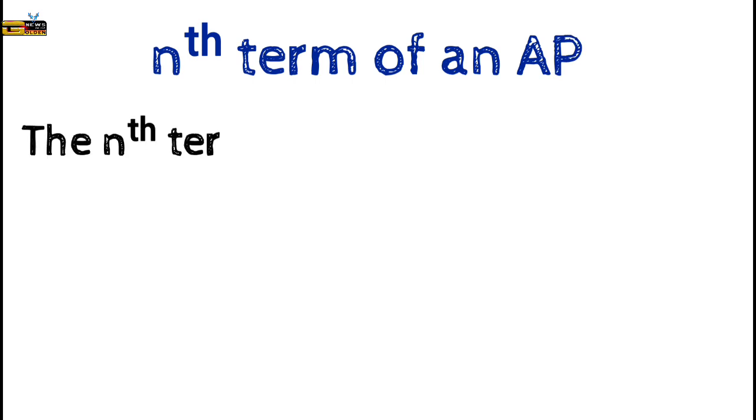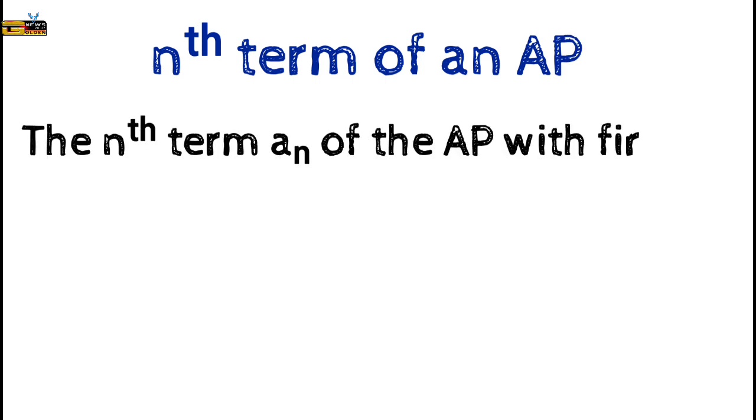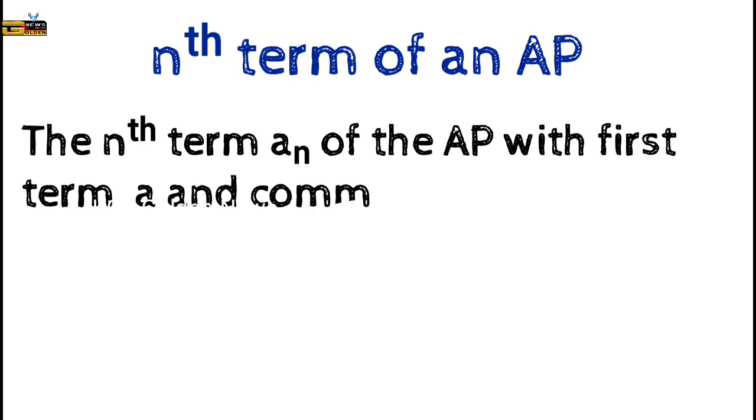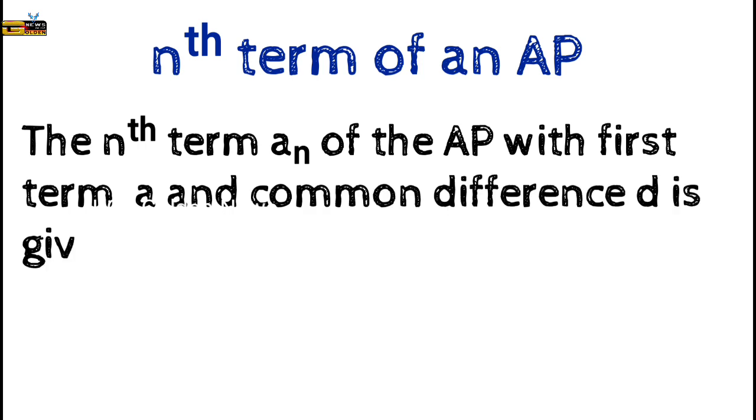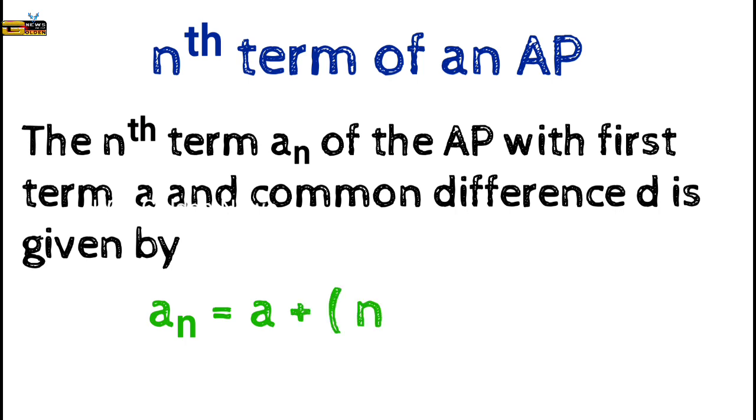The nth term An of the AP with first term A and common difference D is given by An equals A plus (n minus 1) into D.